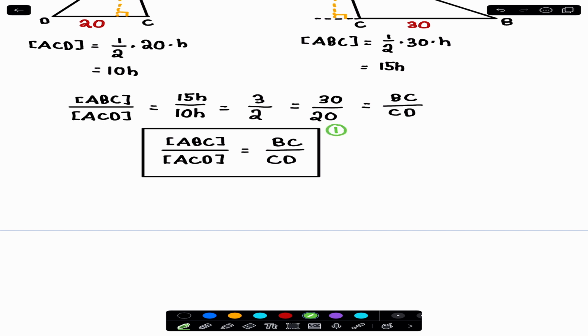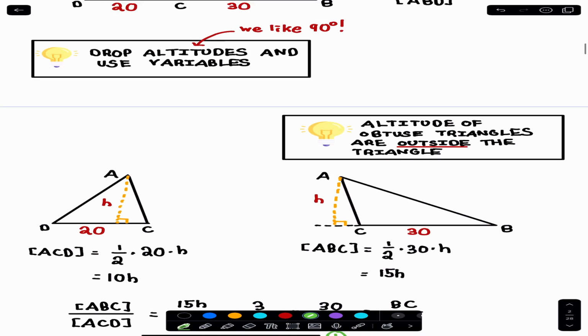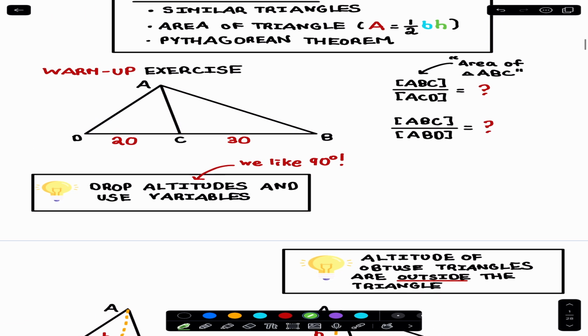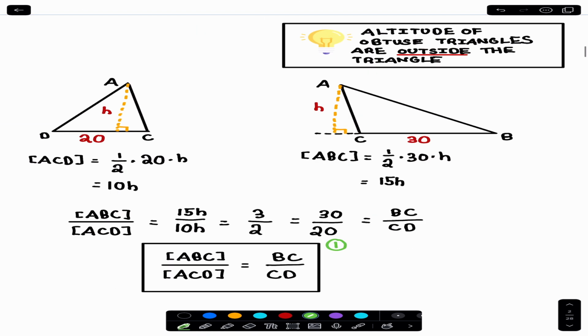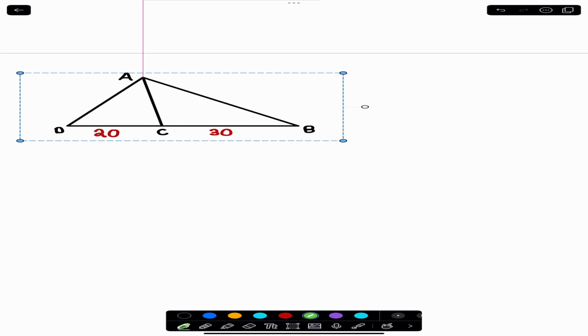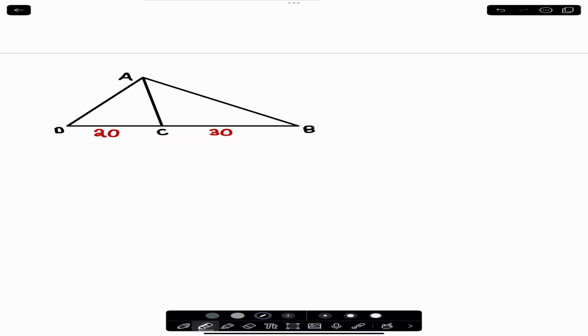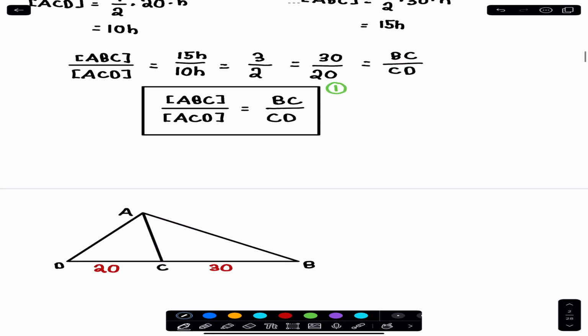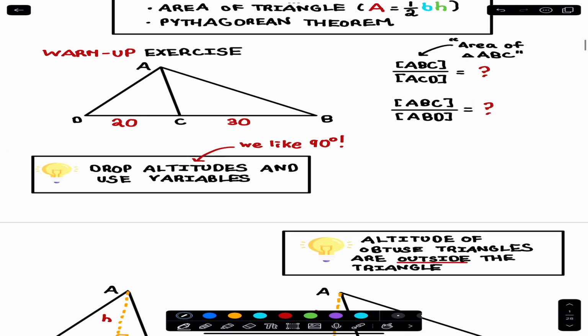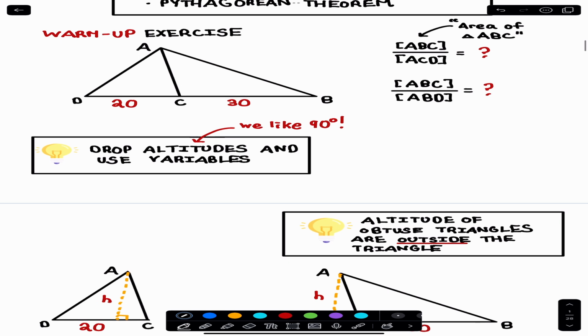Let's call that number 1, because we still have another question to answer. So I'm going to paste the same triangle over here. This time we need to find the ratio of the area of triangle ABC to the area of triangle ABD.